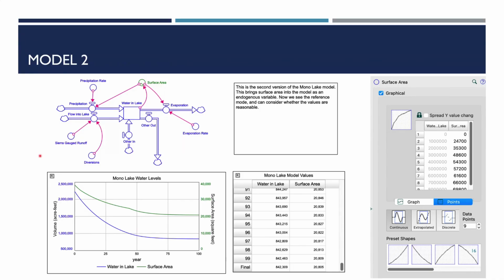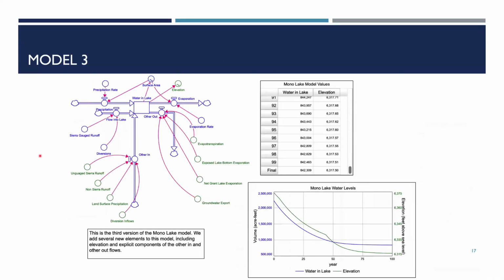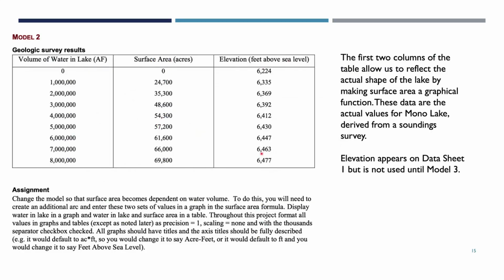And this isn't, of course, changing the model. This is just using the third column here in this. And so they're going to build another graphical function to add elevation in here. And the reason we're doing this is because that's really how we talk about the health of the lake.